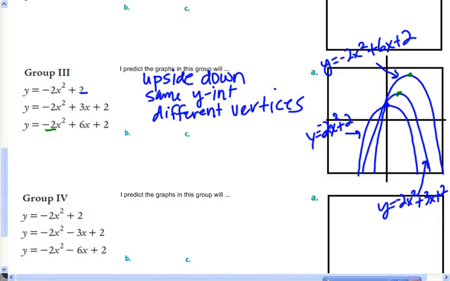You might have also noticed that these graphs are a little narrower than the y = x² graph would be. And the vertices are changed, so I'm thinking that this number in front of the x is controlling where the line of symmetry and the vertex are. All right, that's it. I'm going to do the rest in class with you, and I'll see you tomorrow.